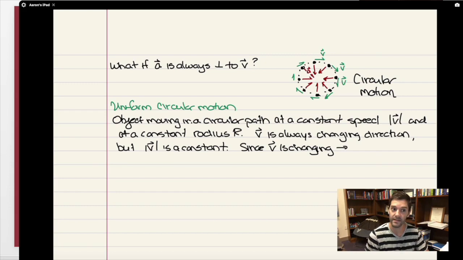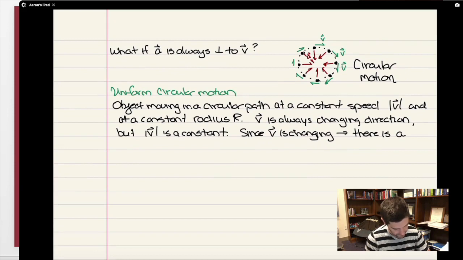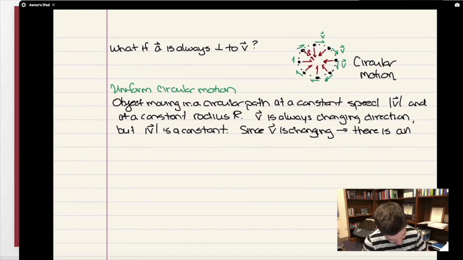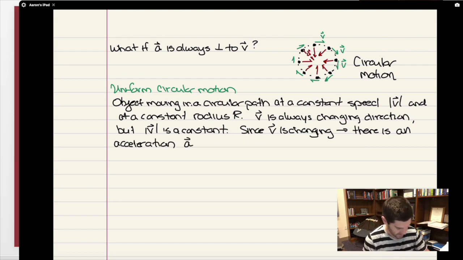What is required for a velocity vector to change? There is an acceleration. Now I'll call it a vector, but I'll put a little c under it. That is always perpendicular to v.